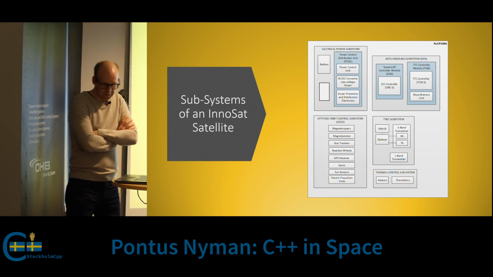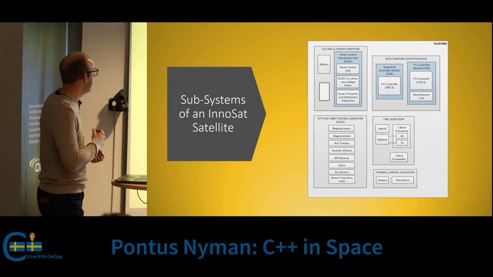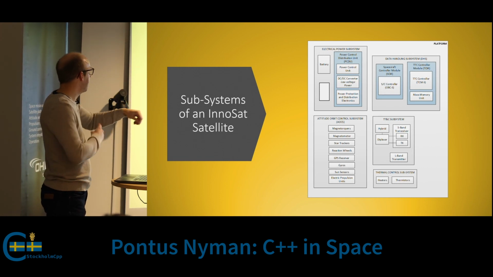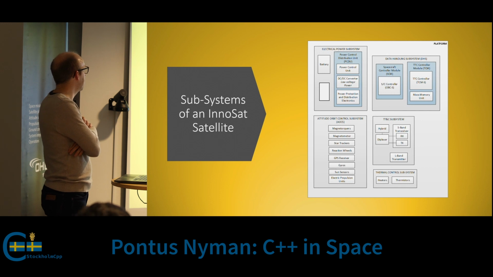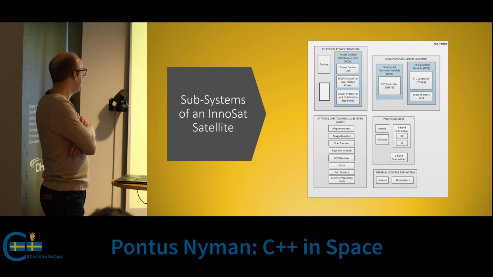It does what it says: it distributes the power to all these other devices and equipment. It contains a lot of protections and DC-DC converters for different voltages, everything we need to get the satellite up and running.